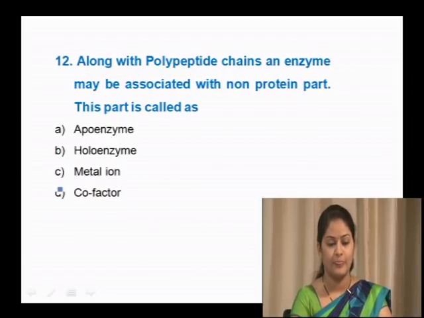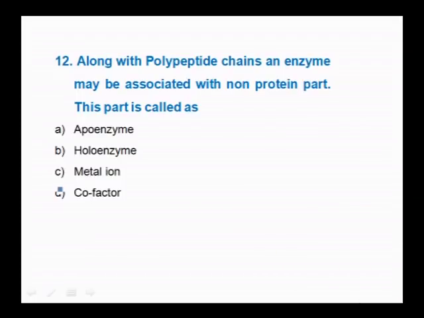Next question. Along with the polypeptide chains, an enzyme may be associated with non-protein part. This part is called as. So while studying the structure of enzyme, we have got terms like holoenzymes, apoenzymes and cofactors. Let me give you a clarification. An enzyme is associated with two parts. One is apoenzyme, another part is the cofactor.